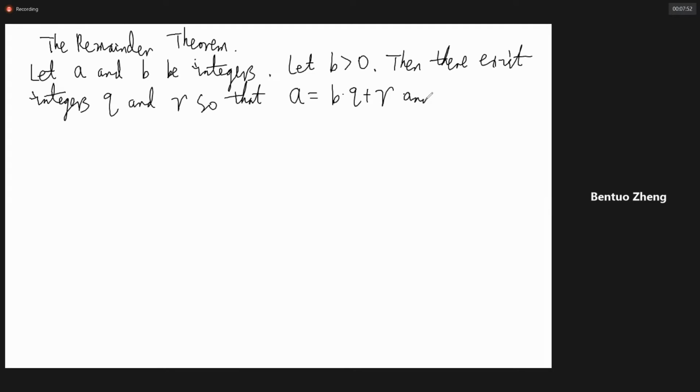and R is between 0 and B. Moreover, such Q and R are unique.